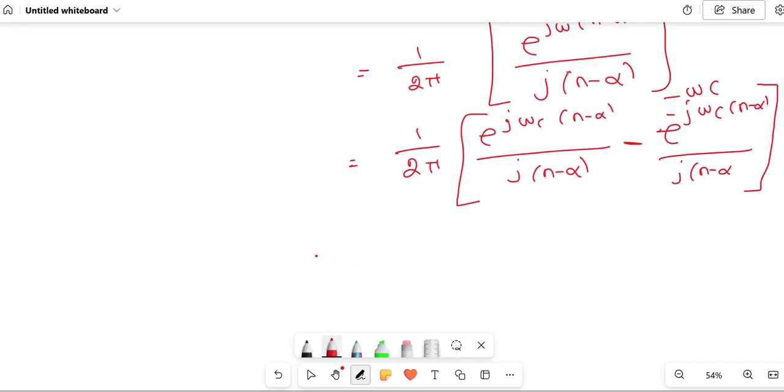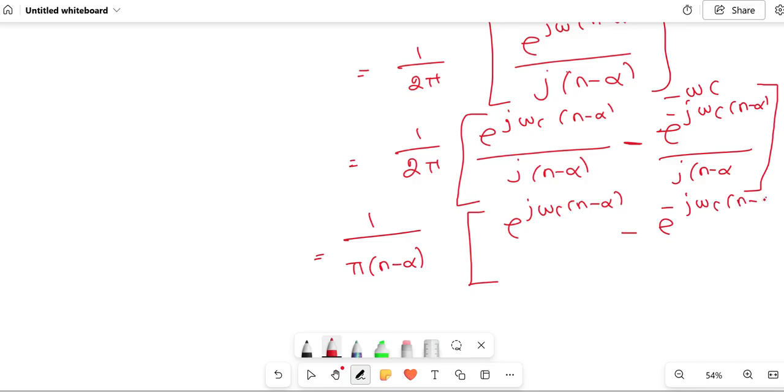Then you take 1 by pi into n minus alpha outside as constant terms, then e power j theta minus e power minus j theta, that is, e power j omega c into n minus alpha minus e power minus j omega c into n minus alpha, divided by 2j.